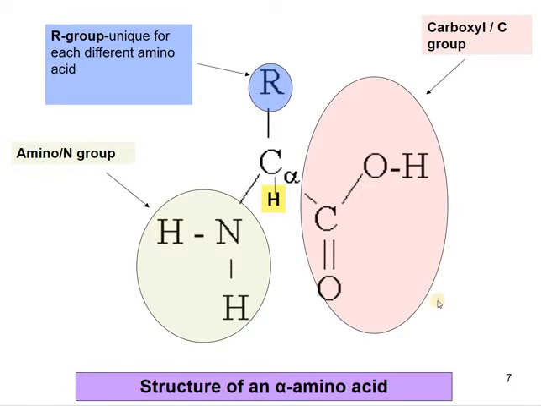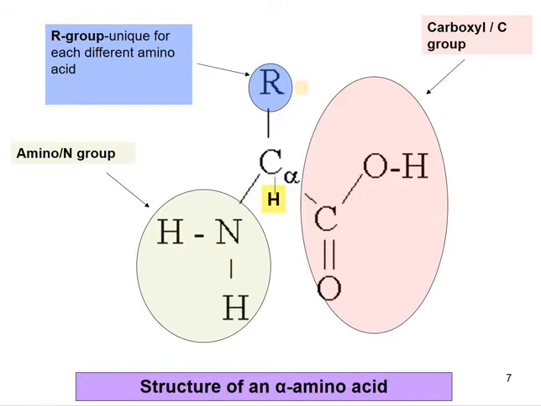Each and every amino acid contains what we call an alpha carbon. The alpha carbon is attached to an amino group on the left hand side there, another one is attached to the carboxyl group, then we have the common hydrogen, and then the last attachment will be what we call the R group.